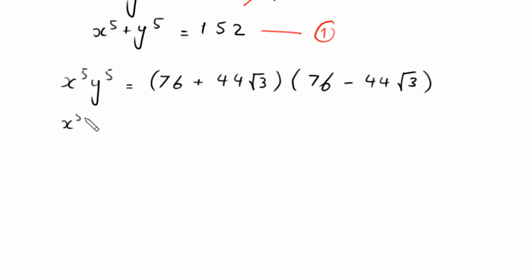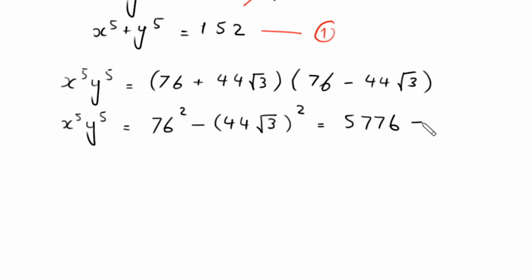This will become 76 squared minus (44 times root 3) squared. 76 squared is 5776, minus (44 root 3) squared, which is 5808. So x to the power 5 times y to the power 5 will be equal to negative 32.